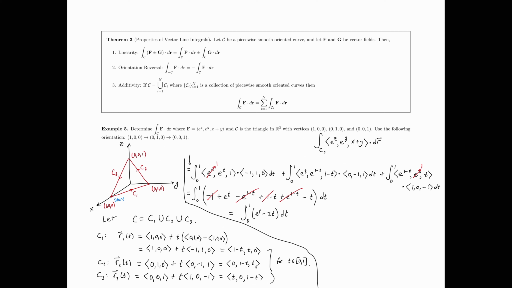So here you can see we have negative t, there's our negative 2t, and we're left with a single e to the t. So integrating this, we should have e minus 2 as our answer. But the big idea here is that if you have a complicated path, you can split this up into smaller, simpler subpaths, integrate over each one, and add the results together in a consistent way.